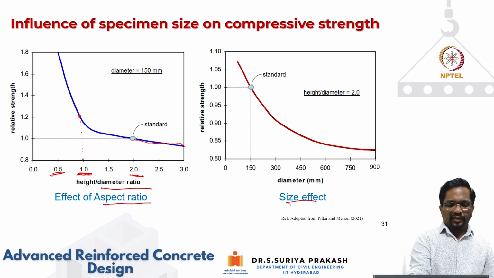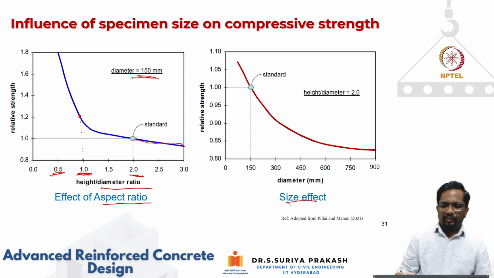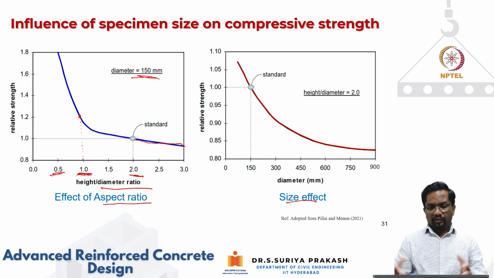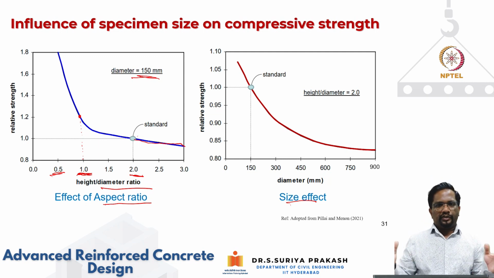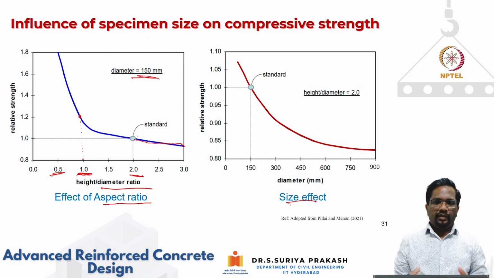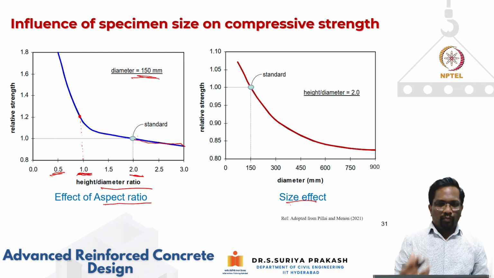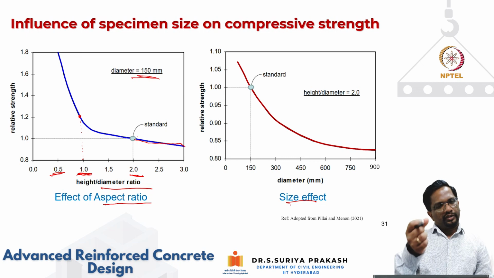Again, this is valid for a diameter of 150 mm, right? If I choose larger and larger diameters, then what happens? We know that if the specimen size becomes larger and larger, there is a possibility of having more defects in the material. So the strength is going to come down.